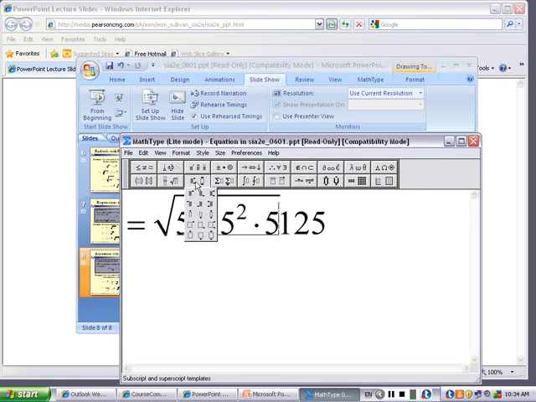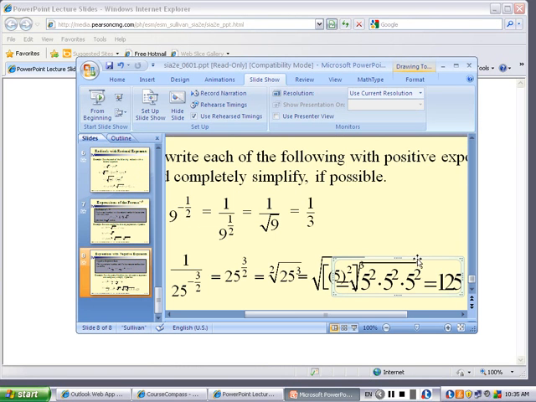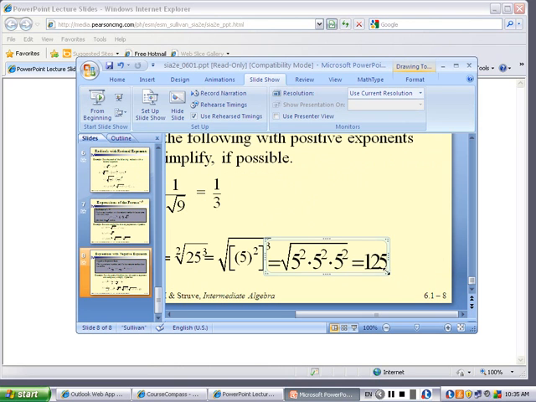But if you don't need that, you don't need that.